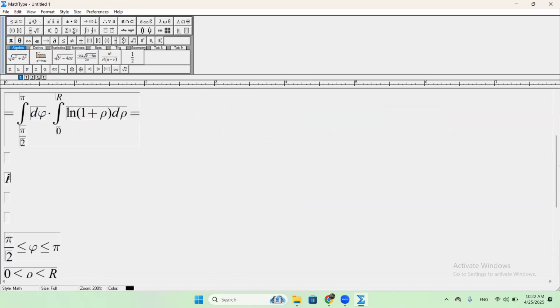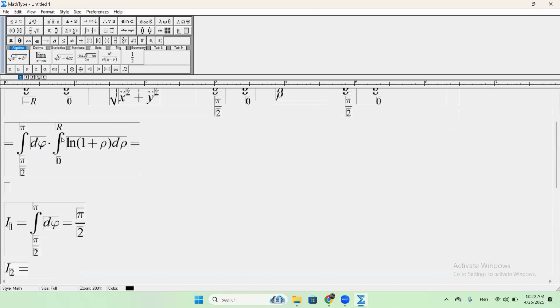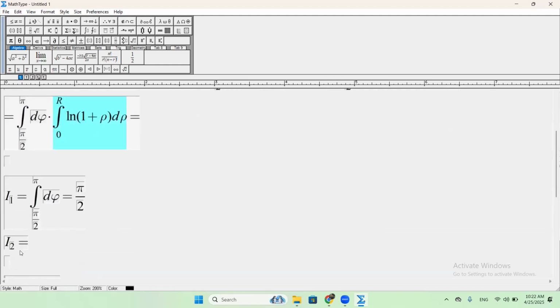So I1 equals this integral, and it will be actually equal p over 2. And what about the second integral? We will calculate it by parts. So we will remember this formula a little bit.